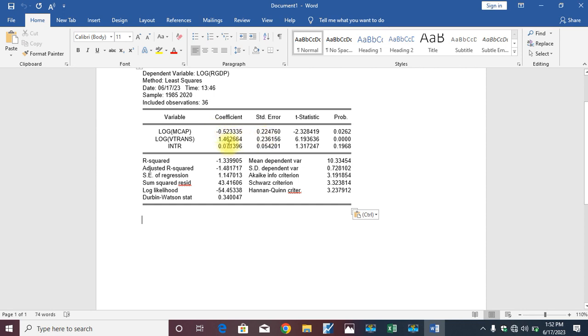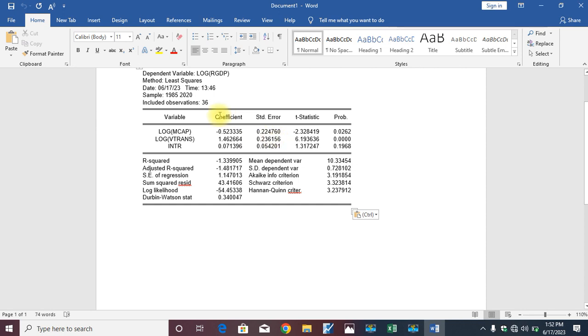Then in the second line we have the value of transaction and its coefficient, the probability value, and the t-statistics. Basically, the coefficient of the value of transaction in the stock market is 1.462664.